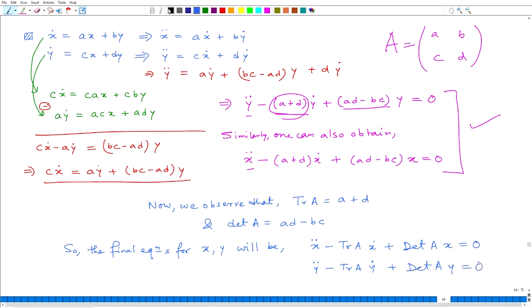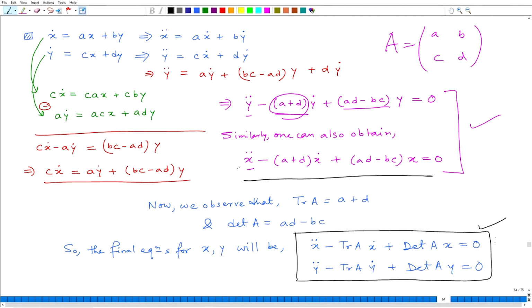You have two similar equations, one for y and one for x. This is a second order linear ordinary differential equation in x, and also a second order ordinary differential equation in y.